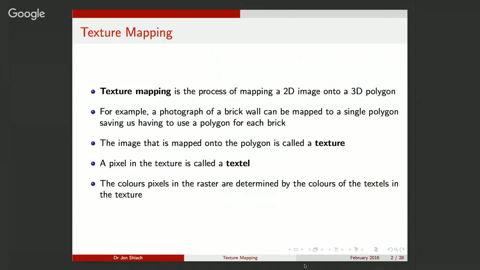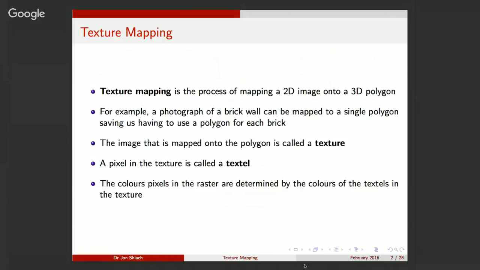Okay, so texture mapping, you're taking an image, usually that image could be, for example, a photograph or a pattern or something like that. And we want to map it onto a polygon. So let's say you're creating a virtual world and you want to have a brick wall. So let's say one side of your house in your village you want to show as a brick wall.